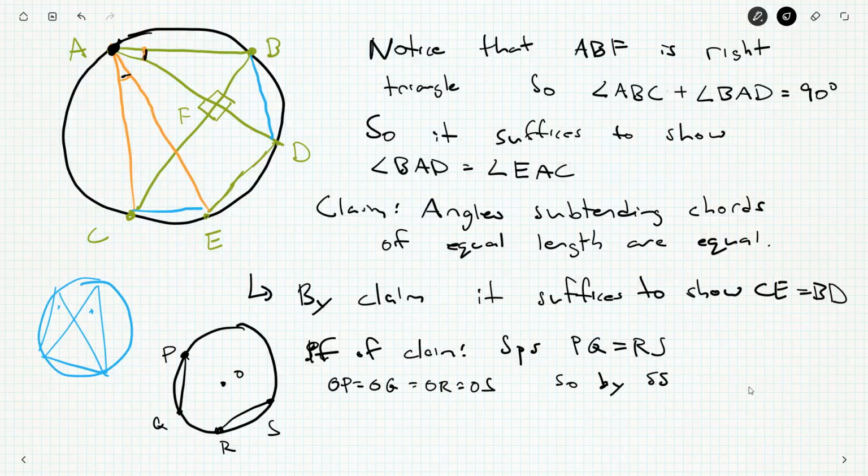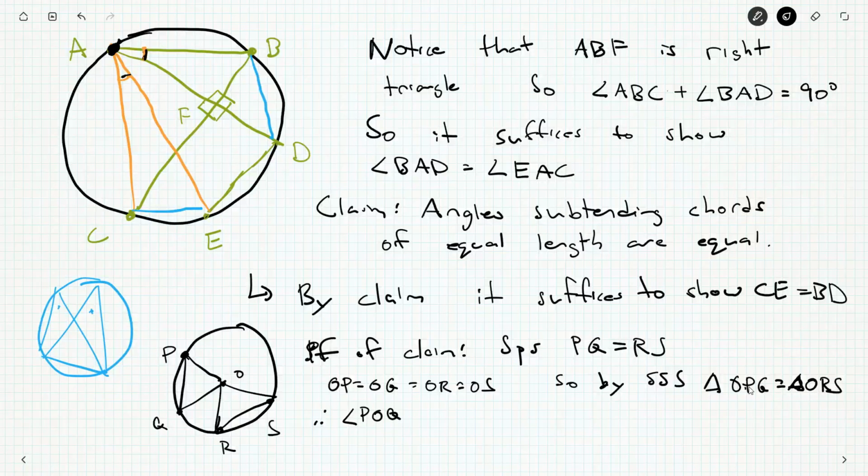So by side similarity, triangle OPQ is equal to triangle ORS. That tells me angle POQ is equal to angle ROS.